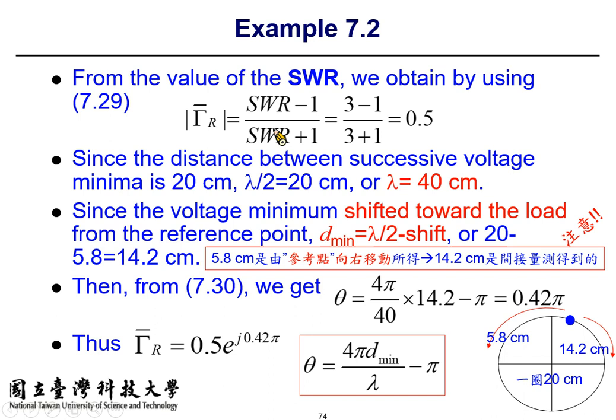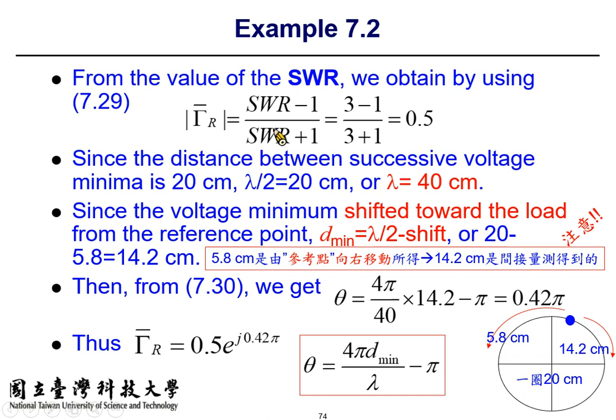So do we know the complete description of the termination yet? No, we only know the reflection coefficient, magnitude and phase, of the termination. We haven't found ZR, the impedance of the termination, yet.